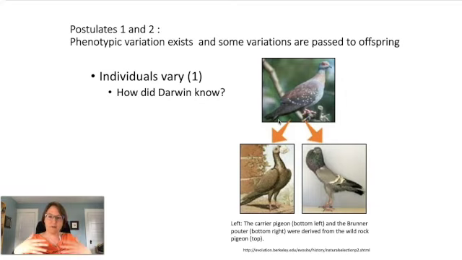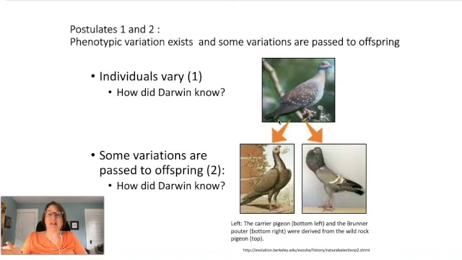And you know it too if you've ever looked at anything where there's more than 3 or 4 individuals of a species, you see variation. We know that variations are often heritable, but Darwin actually didn't have genetics. So how did he know that some variations are passed on to their offspring? Well, he worked with pigeon breeders and with cattle breeders as well when he lived in England developing his theory of evolution by natural selection.